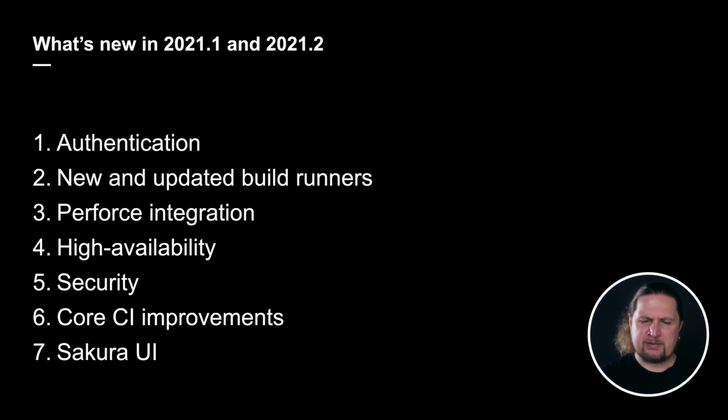Core CI improvements with trigger-defined parameters, support for multiple VCS triggers, and more. And Sakura UI improvements. And this is not even mentioning a lot of minor features, usability improvements, performance improvements, bug fixes, and other features. So we highly recommend you to update to the latest version if you're not there yet.